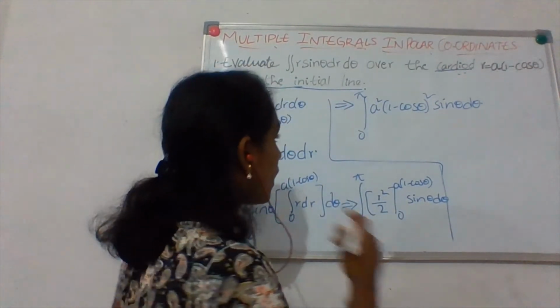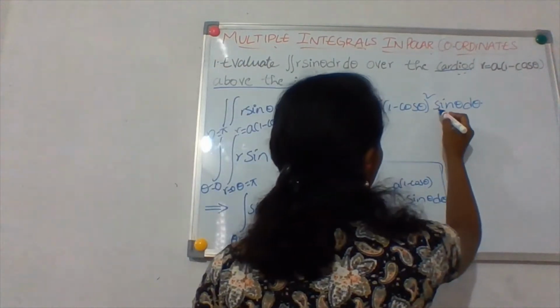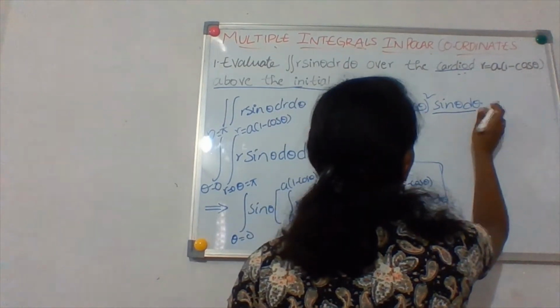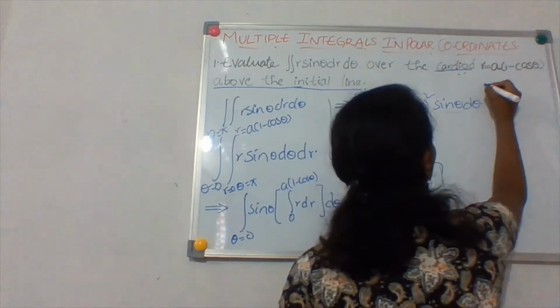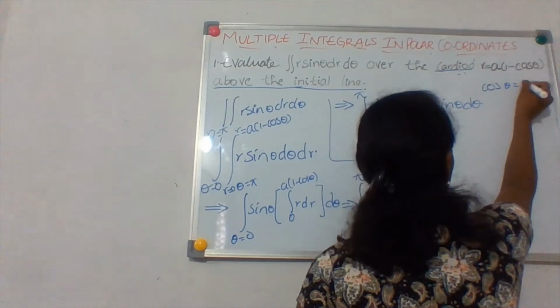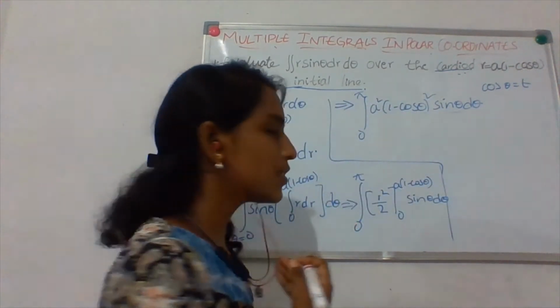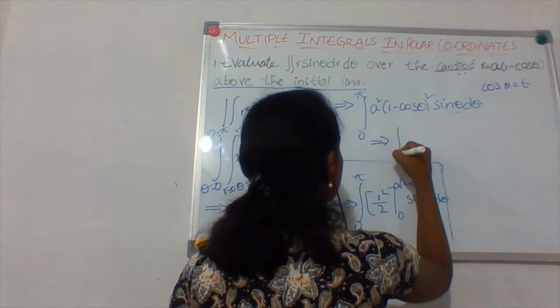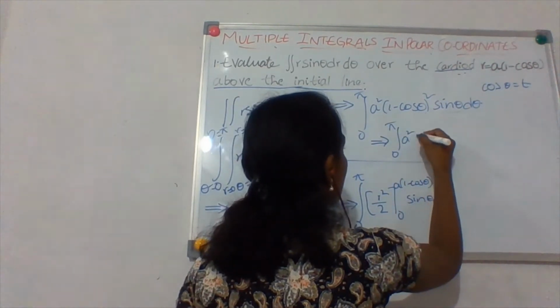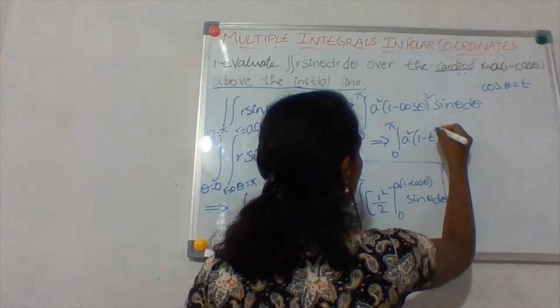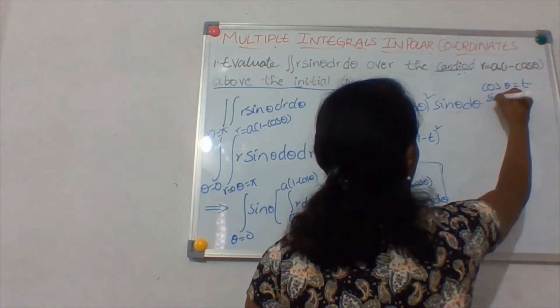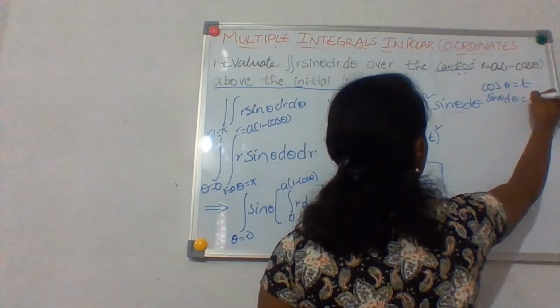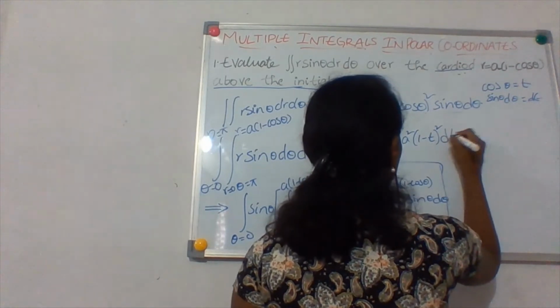So here you can take cos theta as t. That is the substitution process you did in first year in your intermediate classes. So a square into 1 minus t whole square, and sin theta d theta equals dt, right? So dt.